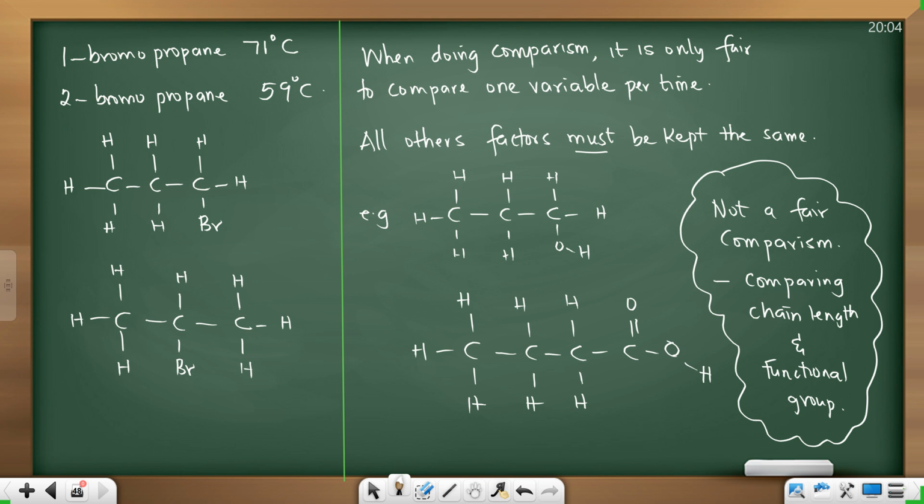Does that make sense? If I want to compare propan-1-ol, I should compare it with propane, propene, propyne. I should compare it with anything pro.